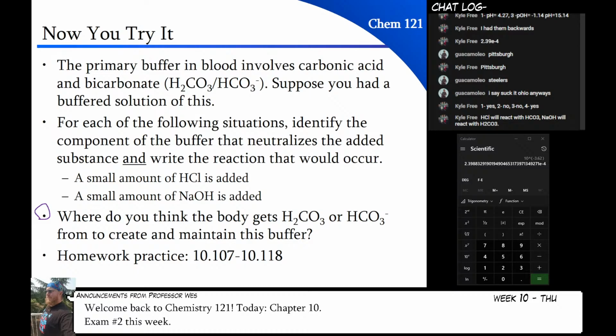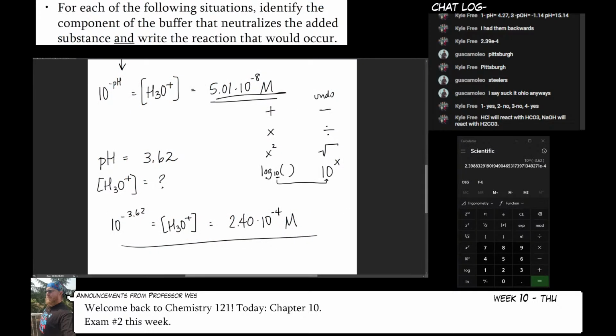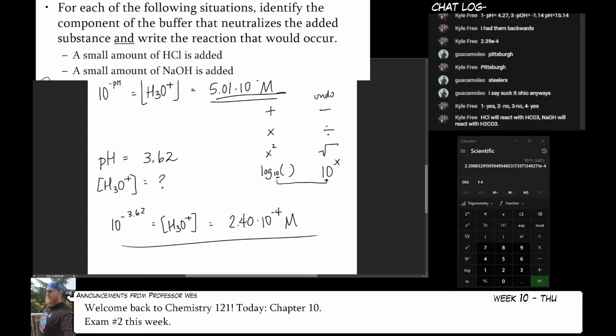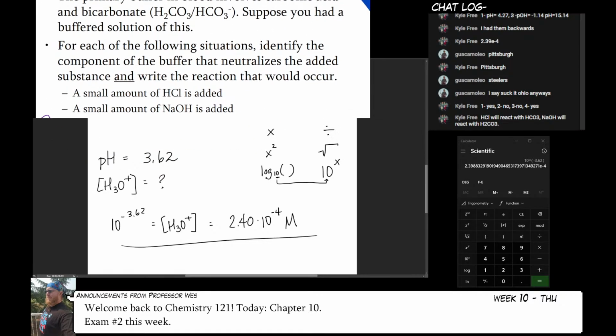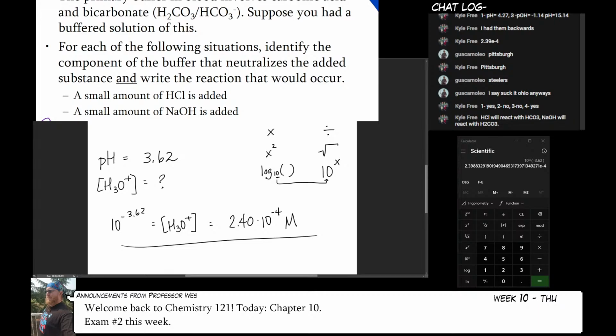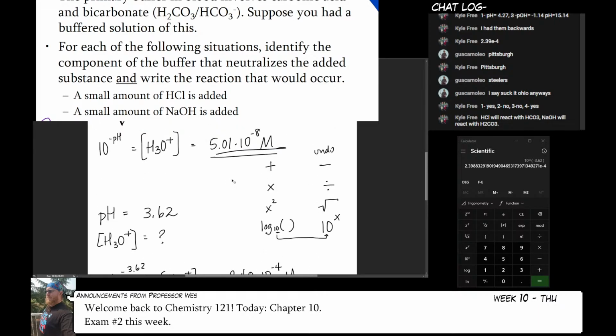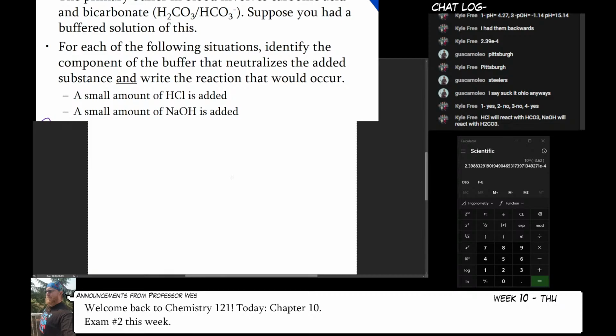All right, so let's write out the equations here to show our carbonate buffer reacting with this. I'm going to react something with the weak acid part of the carbonate buffer.